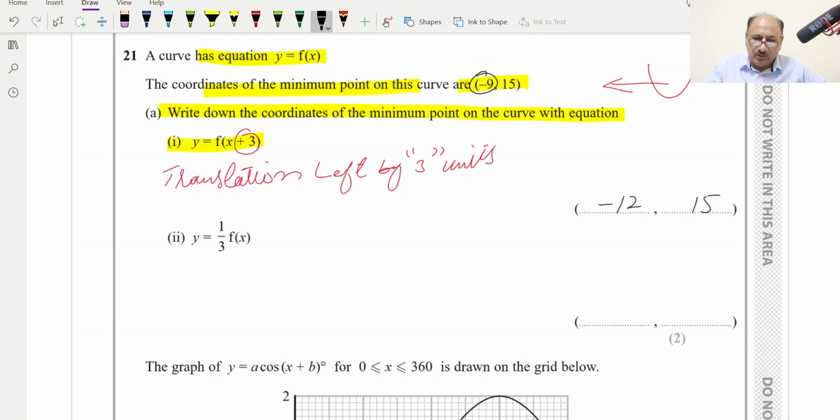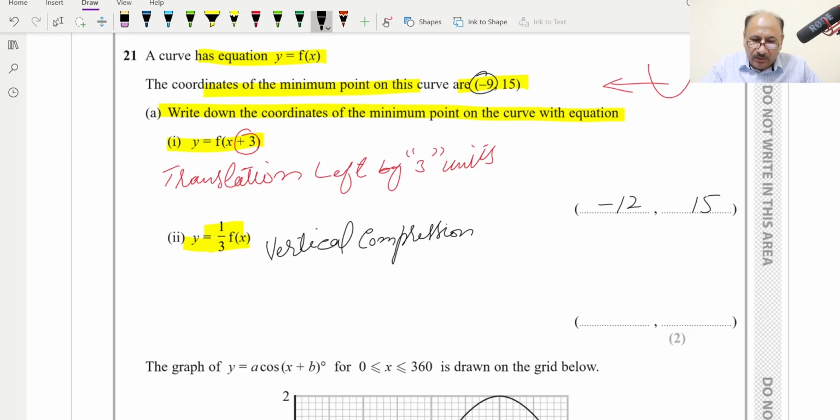So this will be the new translation. And in this one, 1 by 3 f of x, this will be vertical compression. So we will write vertical compression.